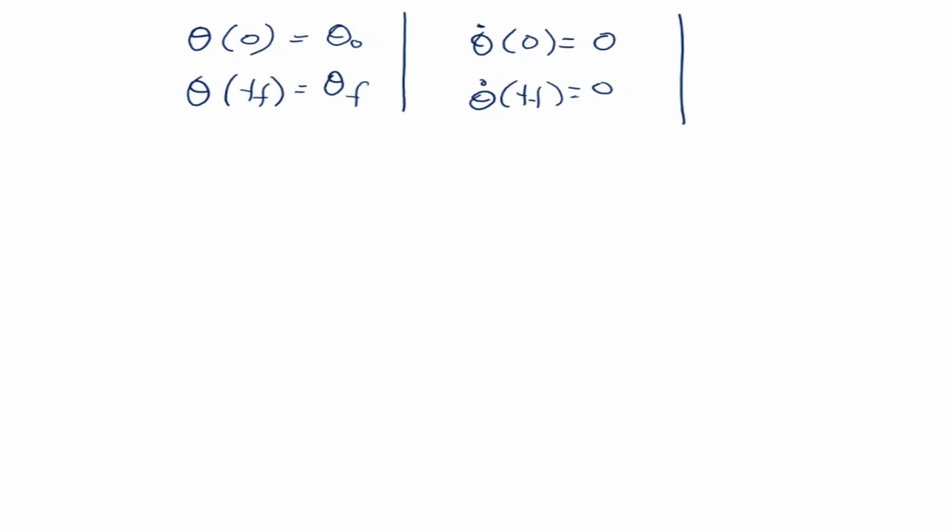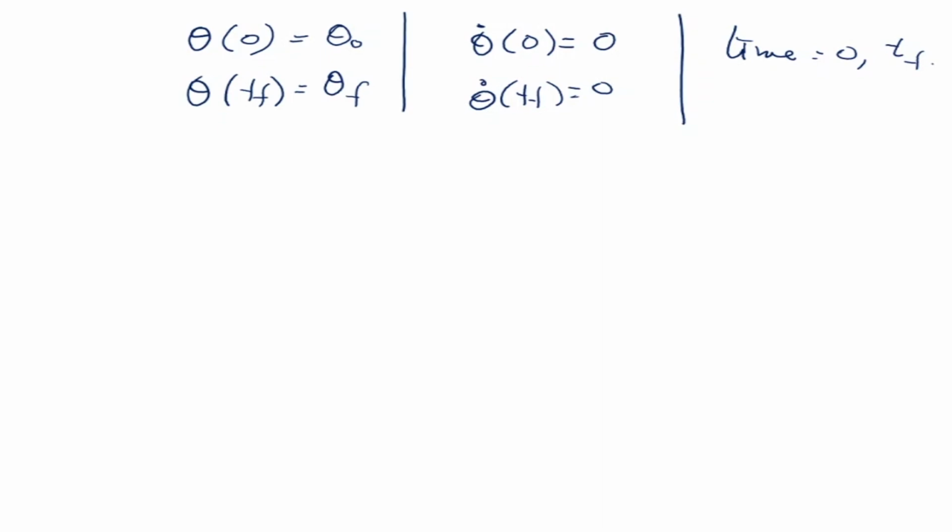Time is going from 0 to tf. Now, because there are four constraints, these can be satisfied by a polynomial of at least third degree.